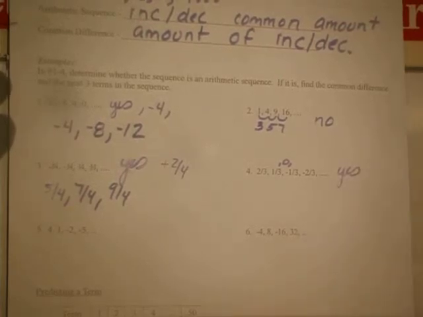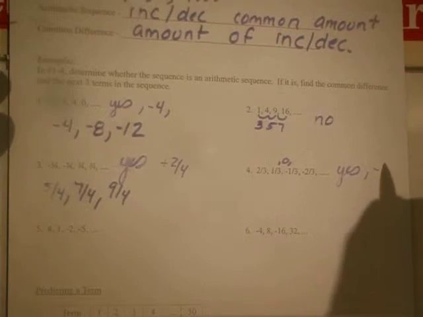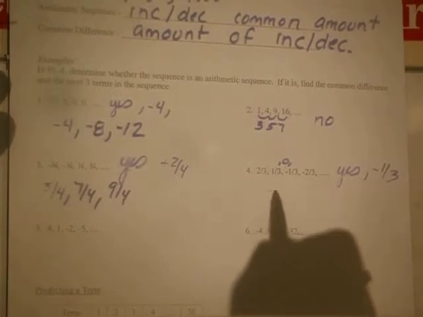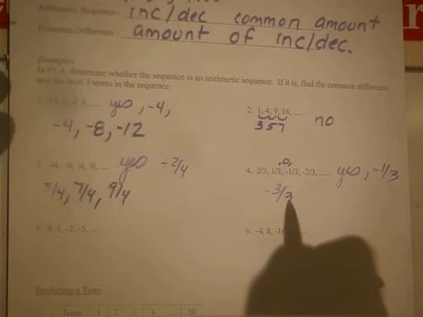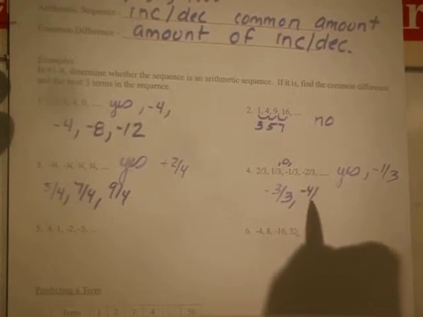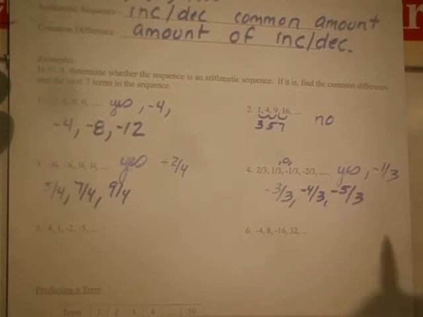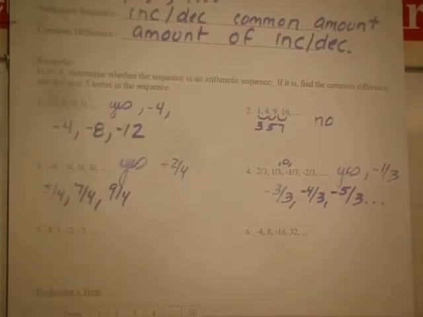The difference: we are going down by 1/3 each time, decreasing by 1/3 each time. And so your next numbers are negative 3/3, negative 4/3, negative 5/3.